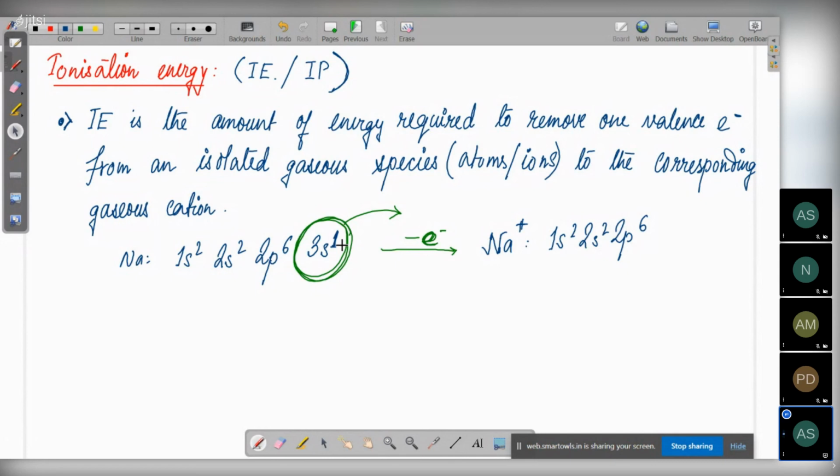These are the two topics that we still need to do, and we also need to complete ionization energy, which hopefully will be completed in the next class. After that, we can move on to electron affinity and electronegativity. Okay, so I'm stopping this recording.